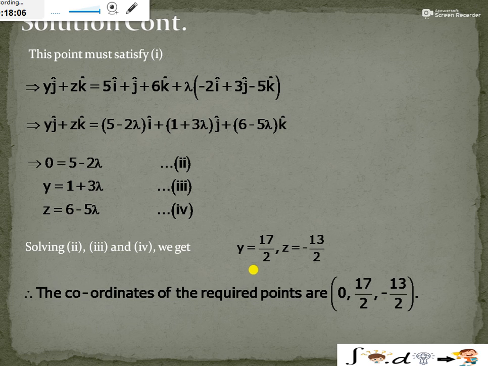It means the required point is (0, 17/2, minus 13/2).